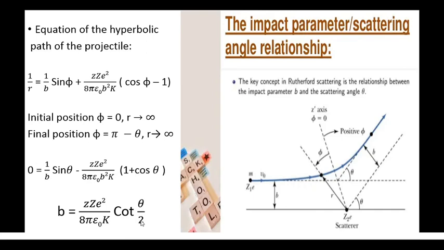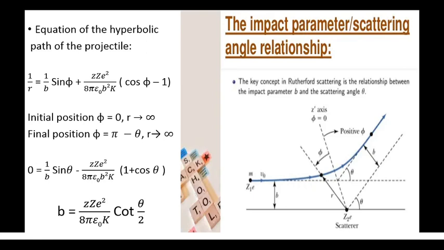Here you can see that B, the impact parameter, depends on the scattering angle, or we can say that a projectile that approaches the nucleus with an impact parameter B will be scattered through an angle theta.